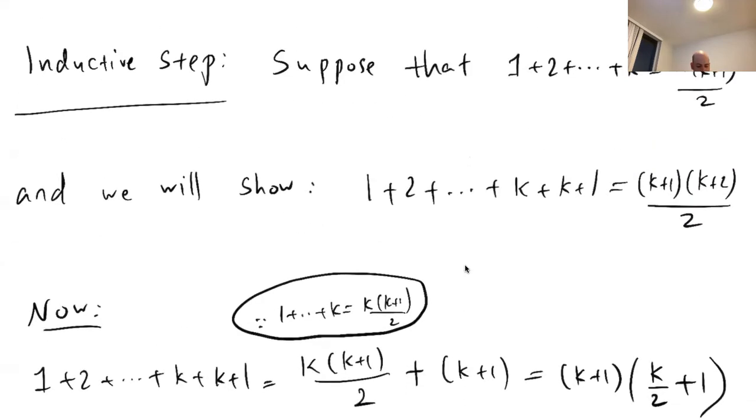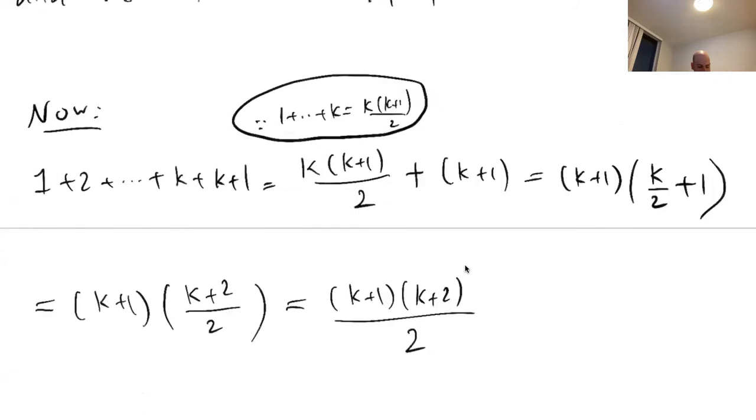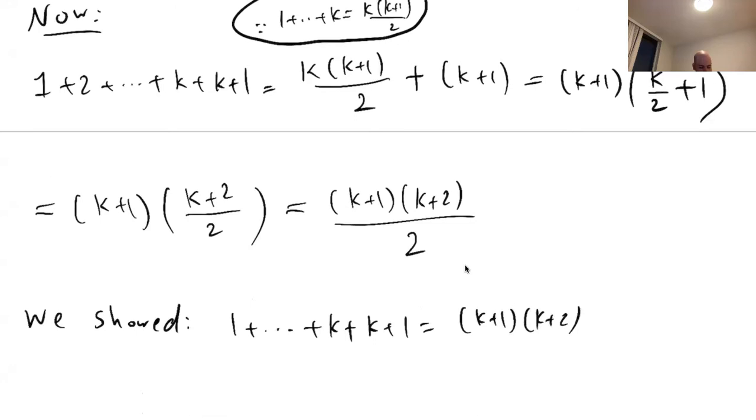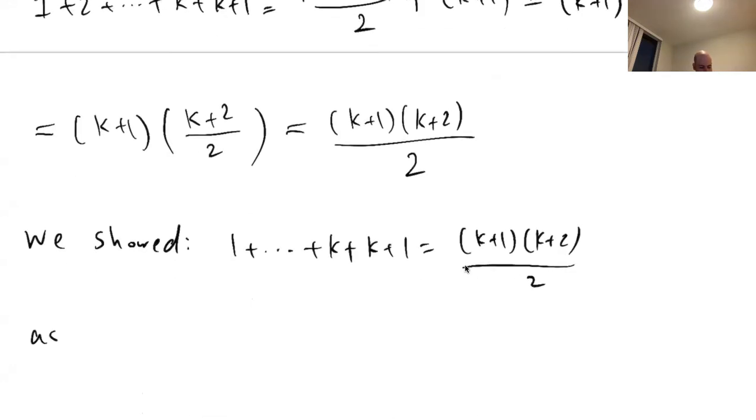Which is what I needed to show. So we showed that 1 plus all the way to k plus 1 equals (k plus 1) times (k plus 2) over 2, as desired.